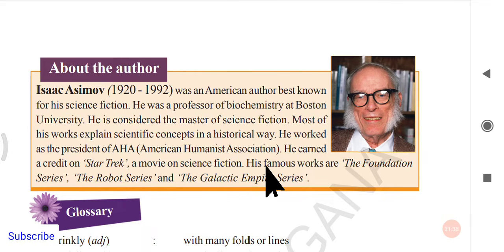For example, The Fun They Had is written by this particular author. In the exam you might get questions like who is the author of the text The Fun They Had. So please note down all the names of the authors of the texts from classes 6 to 10th. Don't forget that.